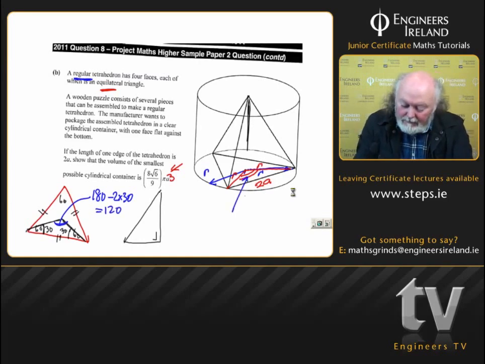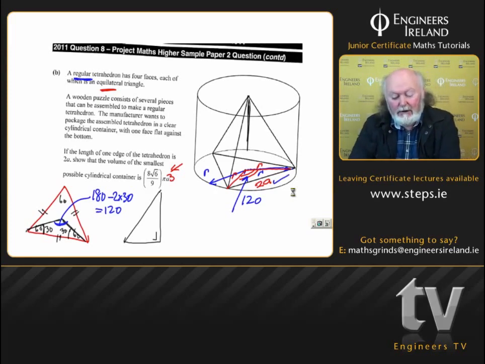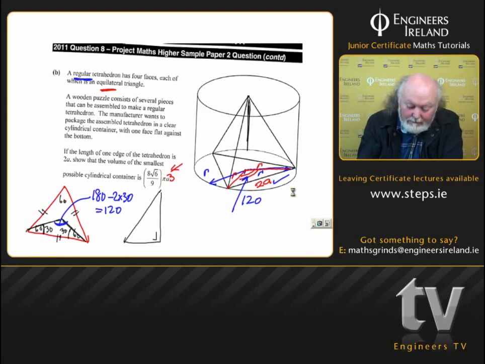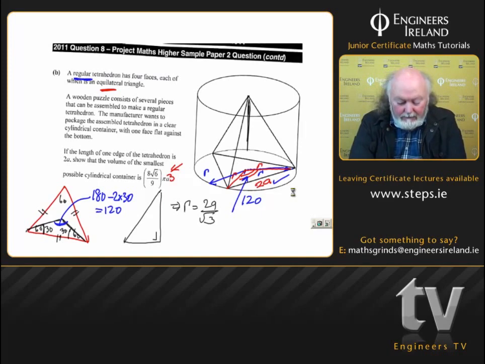So I know that angle, 120 degrees. I know my length here, so I can now work out my R. A over root 3.